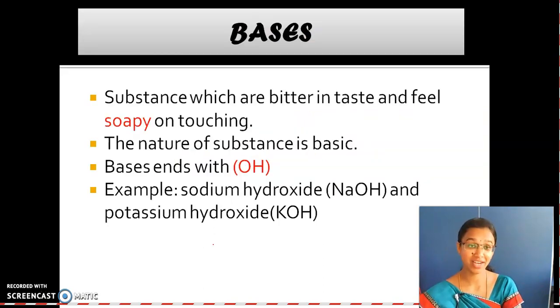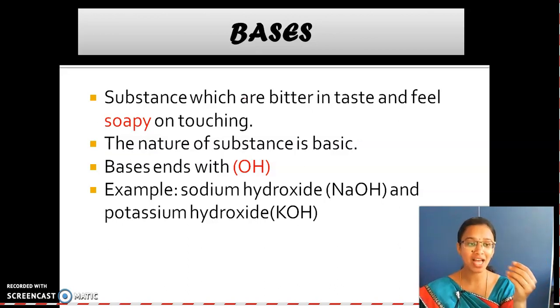Next, coming to bases. Yes, we have seen about acids. They have a bitter taste. Next is bases. Substances which have a bitter taste and feel soapy. What is that soapy? You are able to touch a soap, right? You feel that. Yes, they are called bases.